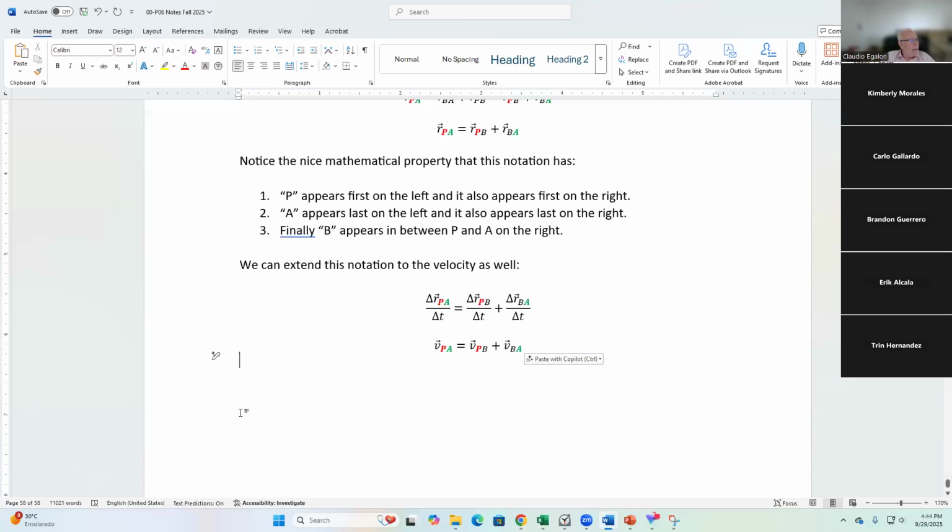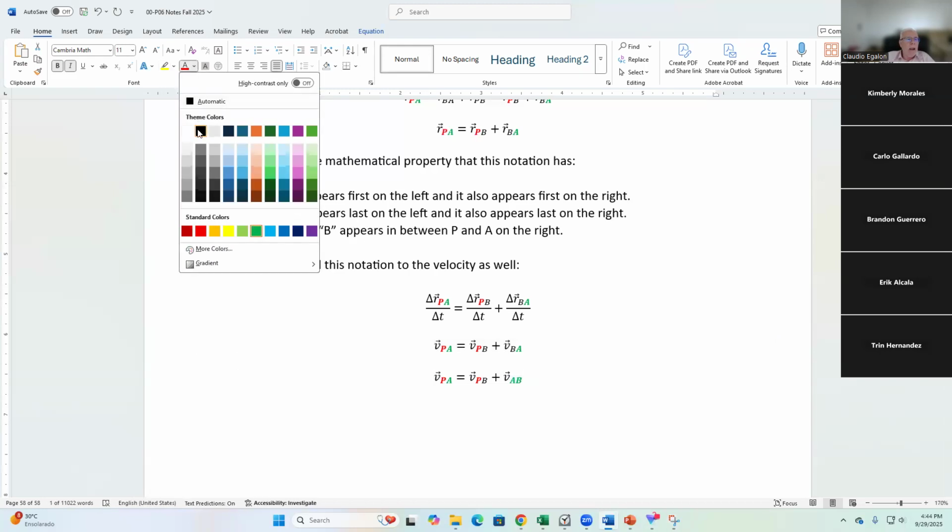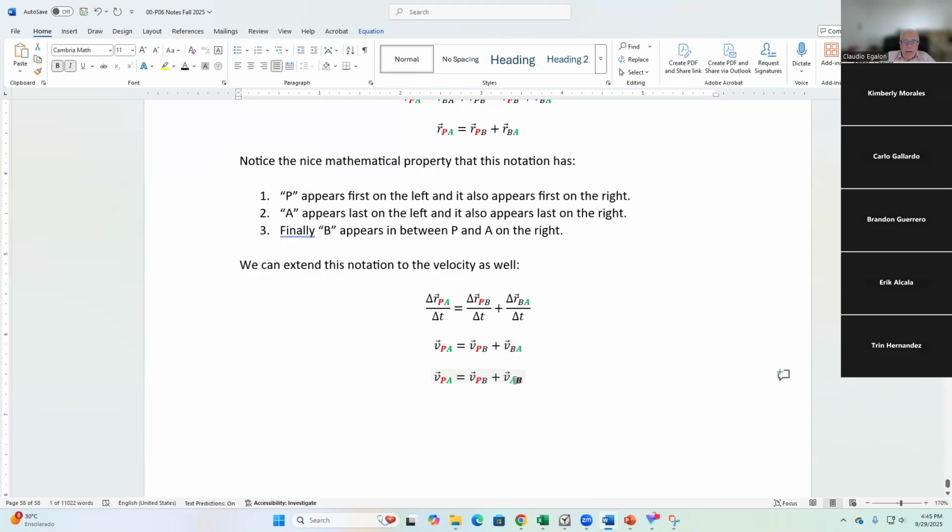And look what else we can do. Suppose that I want to write down here, not V sub BA, but V sub AB. Okay? Because I inverted this subscript, we have to add a negative sign here.